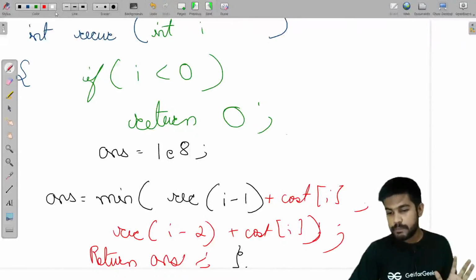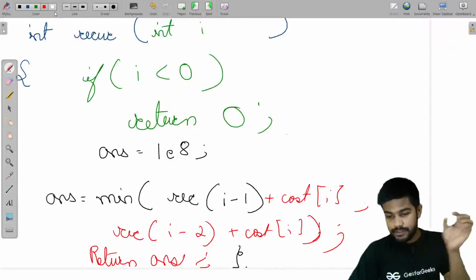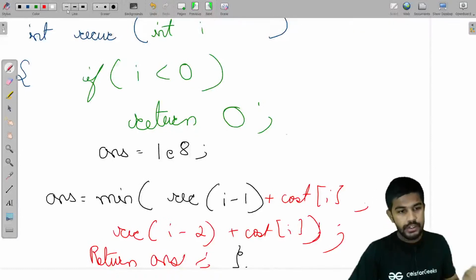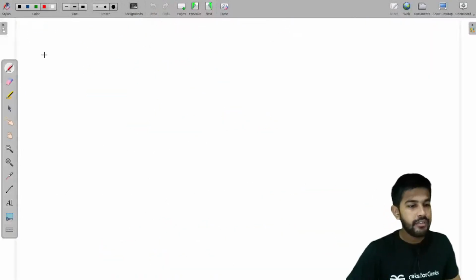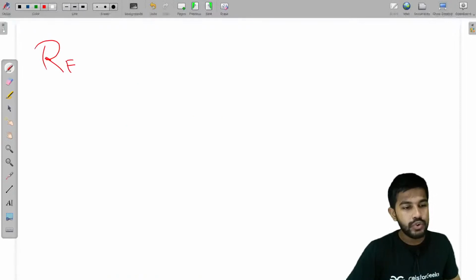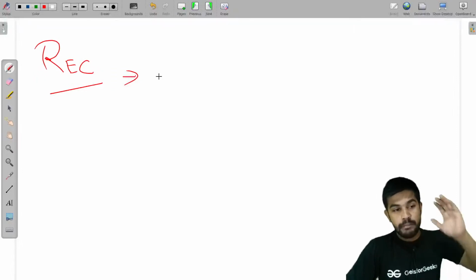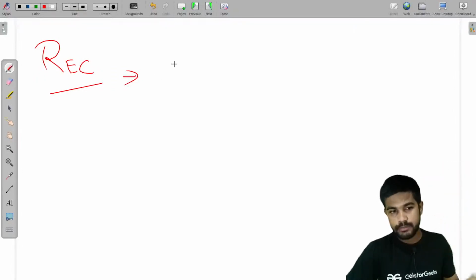Many people think we would be traversing from right to left. The most common thing is that whenever you know you need to use recursion, always think that we would be coming from top to bottom.